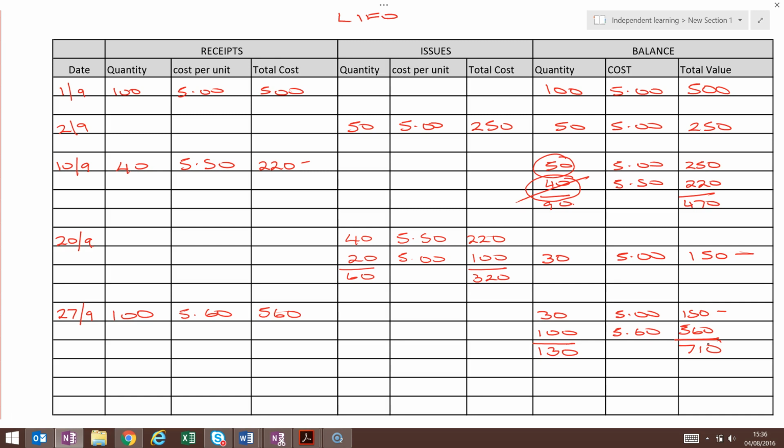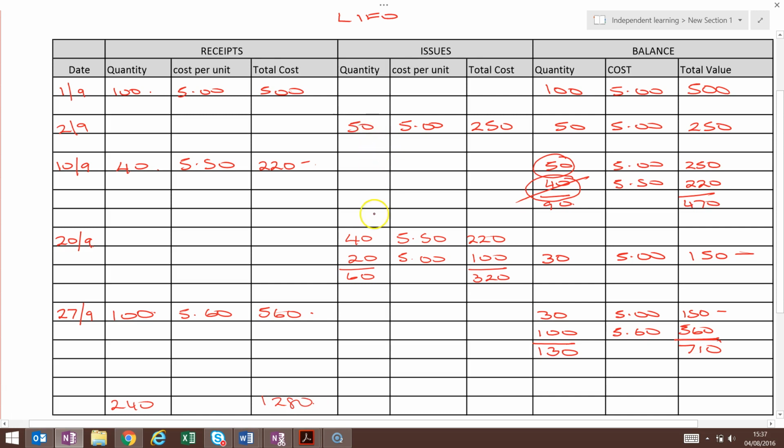Before we move on to AVCO, a couple of points to note. What you should also get into the habit of doing is having a total column at the bottom of each of your stock cards. So what's our total receipts? So we've got 100 plus 40 plus 100, 240. 500 plus 220 plus 560 gives us 1280.